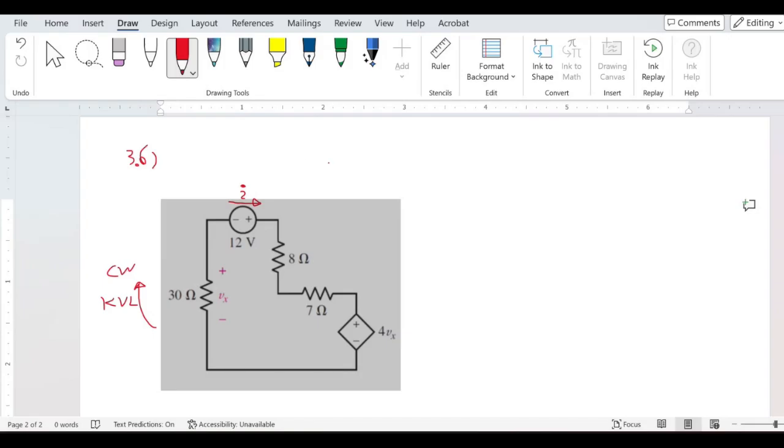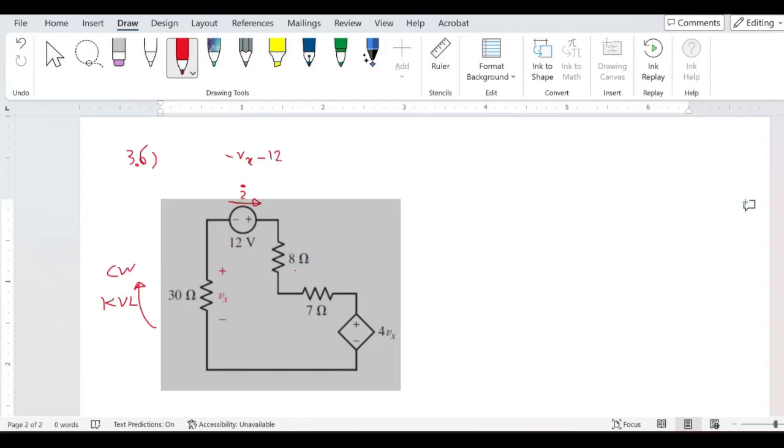The problem itself tells us that the value of the voltage is Vx. But going in a clockwise direction, I will first hit the negative terminal of the Vx. So I'm going to write down minus Vx. And then I reach the 12 volt. Again, a negative terminal, so it is going to be minus 12.